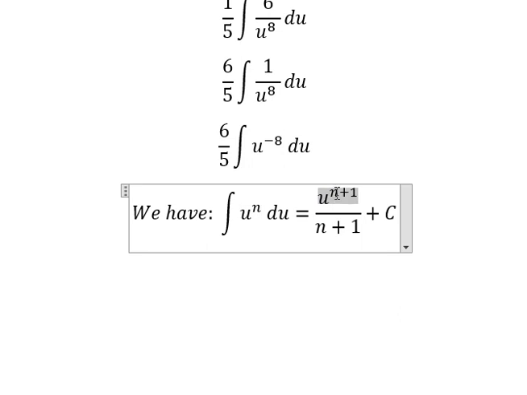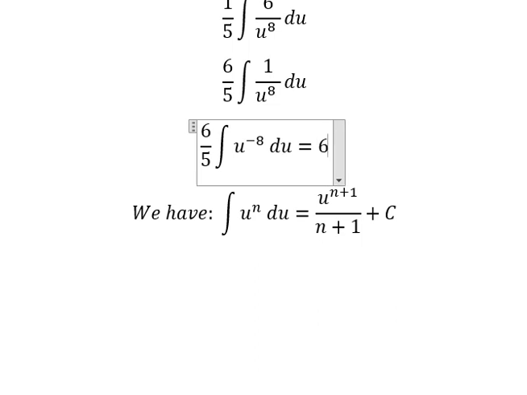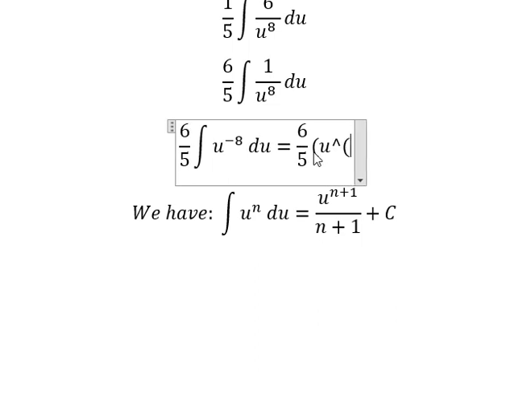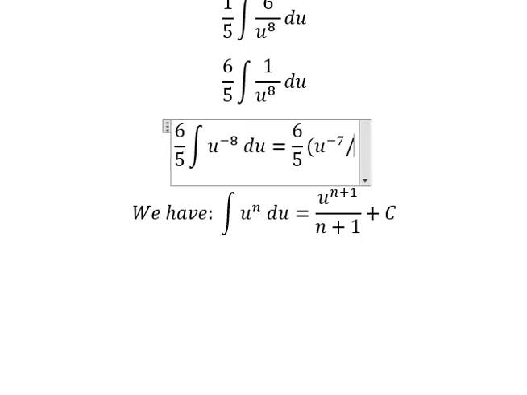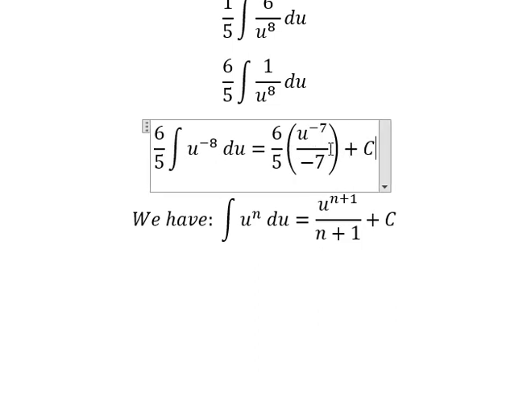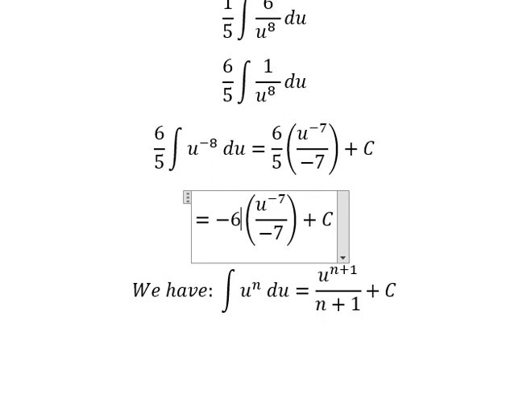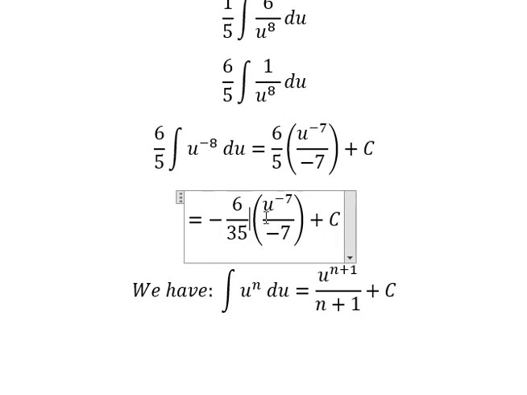So negative 8 plus 1, we have negative 7. So negative 7 times 5, we have negative 6 over 35.